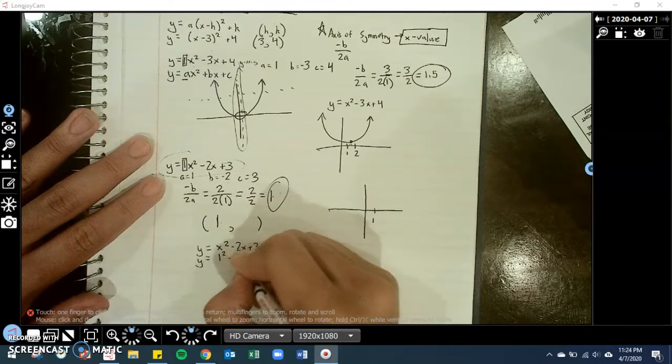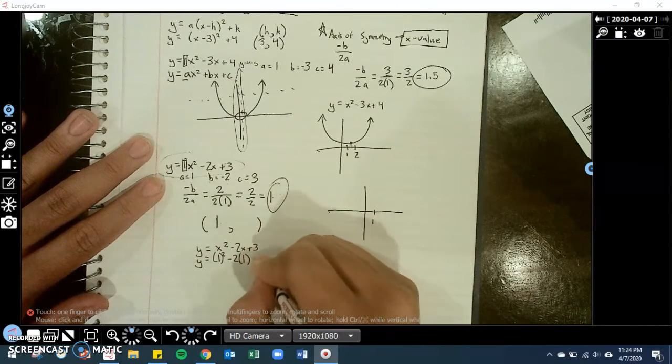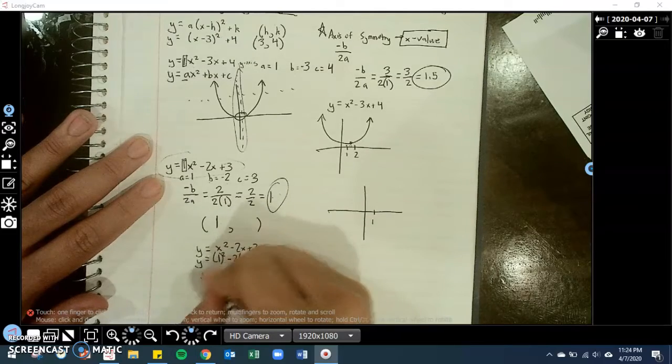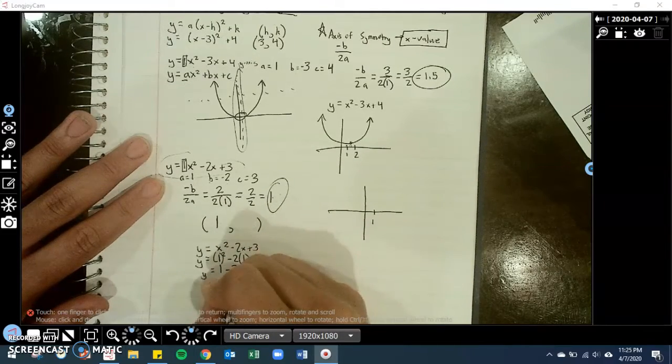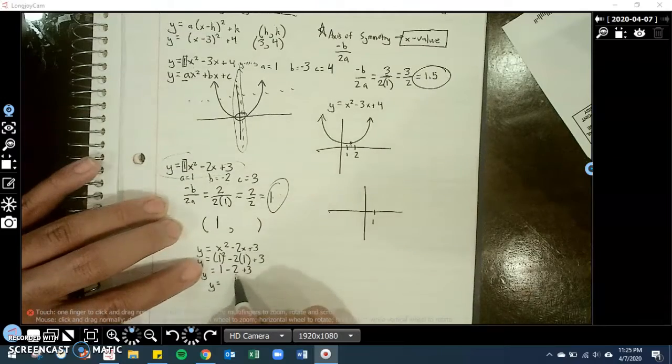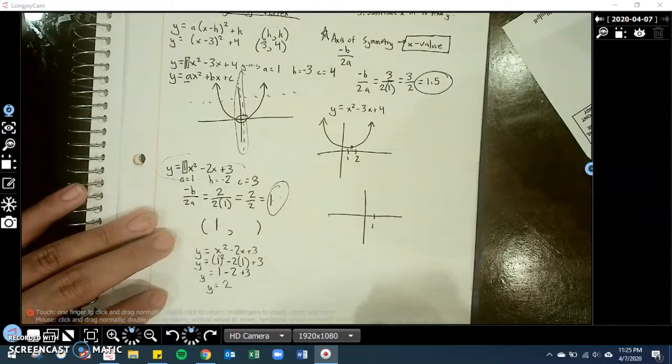I have 1 squared, and I'm going to put this in parentheses. If I substitute, I will get 1 minus 2 plus 3. 1 minus 2, negative 1 plus 3 will give us 2.